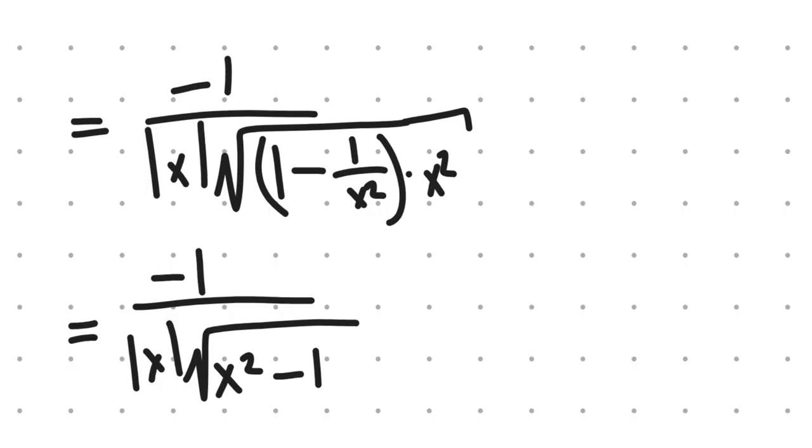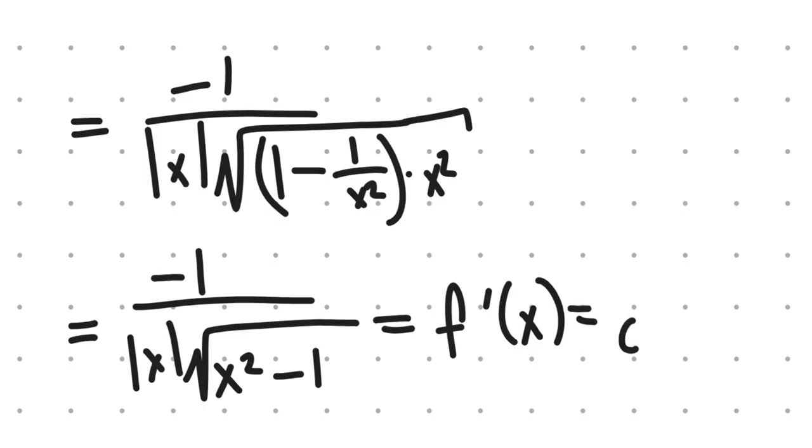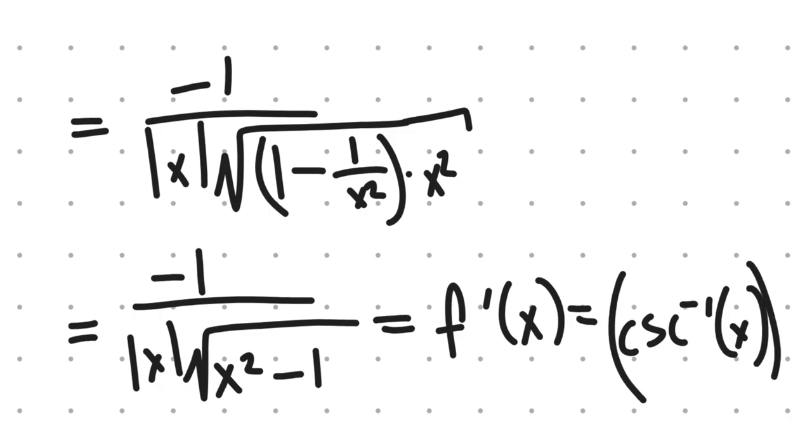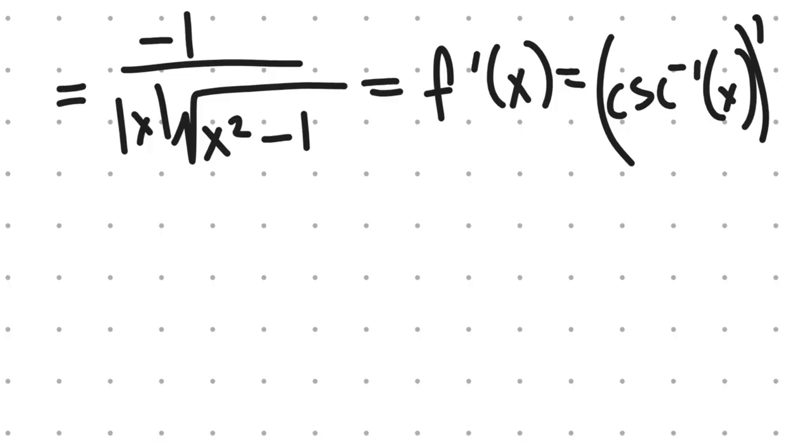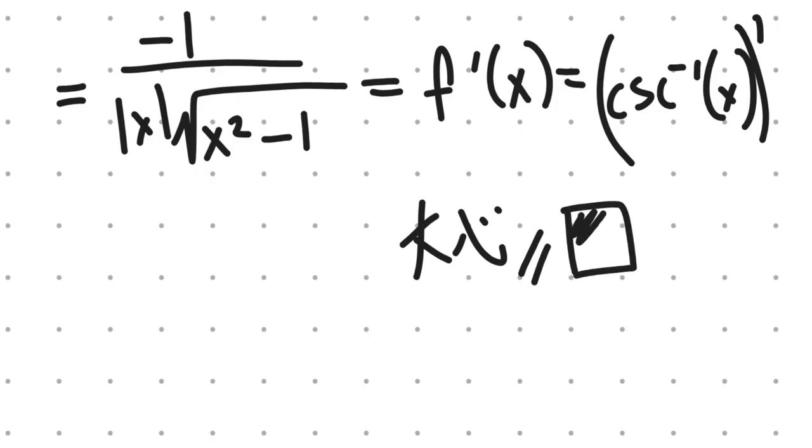And that is f prime of x, or the derivative of cosecant inverse of x. So we have just proven that the derivative of the inverse of cosecant of x is equal to negative 1 over the absolute value of x times the square root of x squared minus 1.